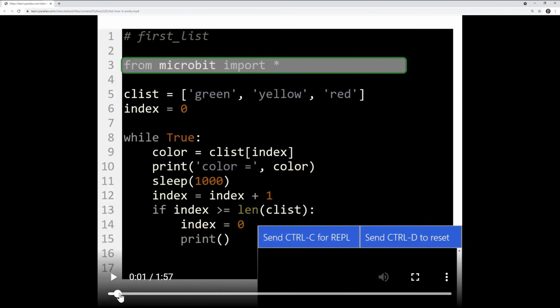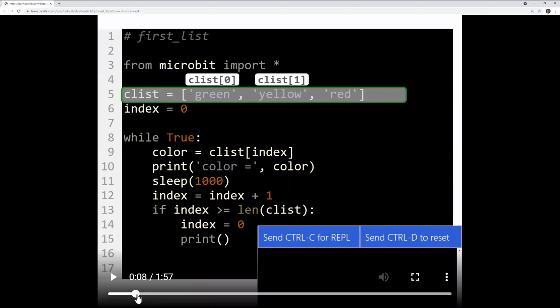The name of the list is CList, and then green is CList of 0, as in square brackets. When we see square brackets, I'm going to say "of". So it's CList of 0, CList of 1, and CList of 2.